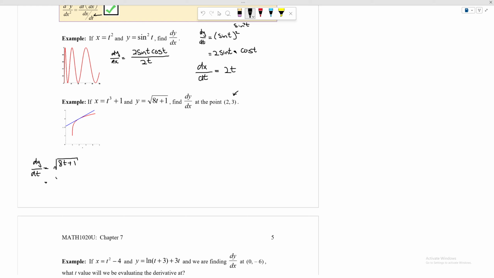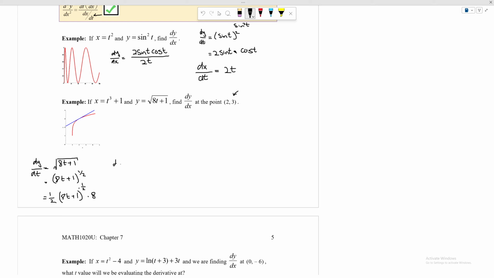So this is the same as saying 8t plus 1 to the power of 1 over 2, and I can bring it down, and minus 1, which will give me a negative 1 over 2. And then multiply it by the derivative of the inside. The derivative of 8t is just 8, and the derivative of 1 is just 0. So it's 8 plus 0. We'll leave this as is for now. We'll simplify it in a bit.